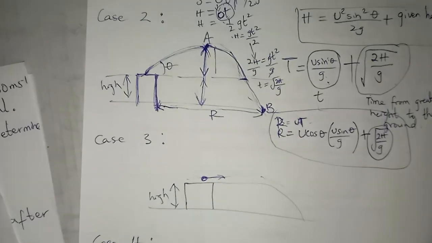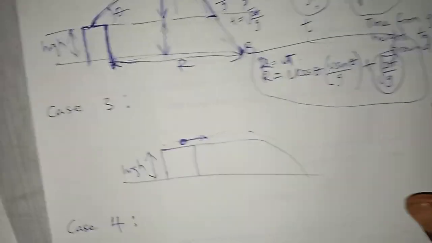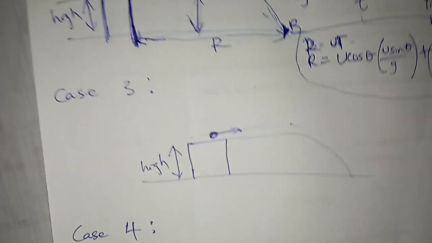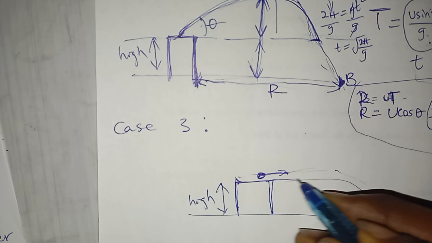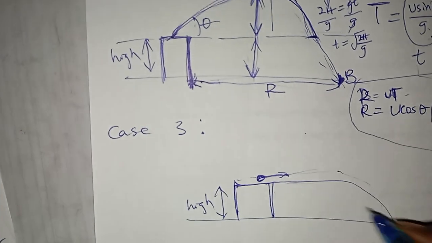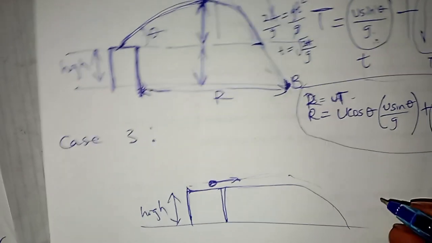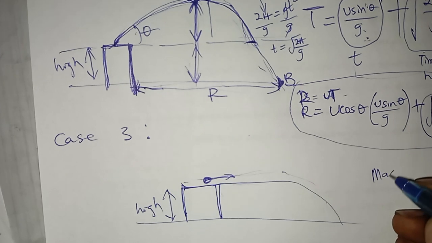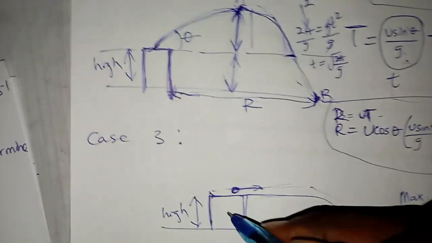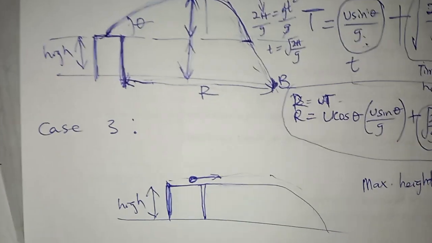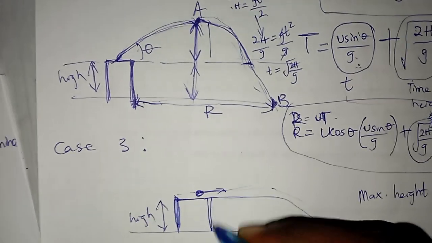So now for when the body is projected, that is case 3. When the body is projected from a height but horizontally, in this case there will be no max height. The maximum height will simply be the height of what you're given.